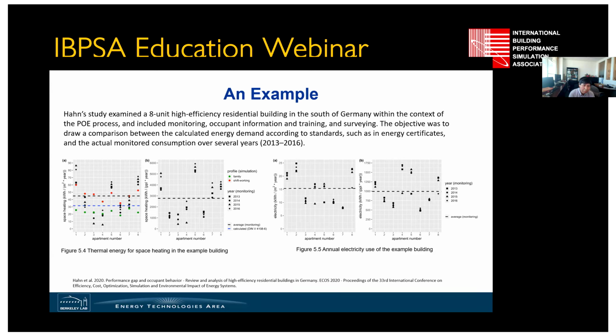If we use a metric like kilowatt-hour per square meter per year, you can see, for example, that unit 1 has quite a higher heating energy consumption. But if we normalize by kilowatt-hour per person per year, then the highest is actually not apartment 1, it is apartment 5, that has the higher consumption.